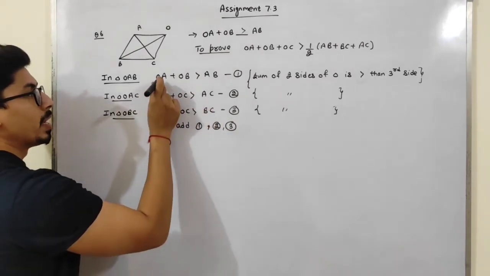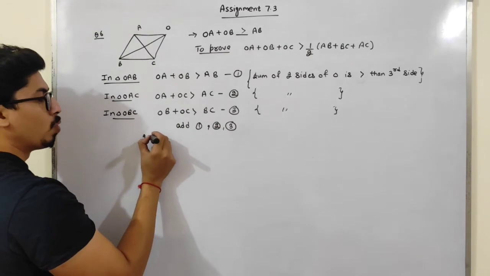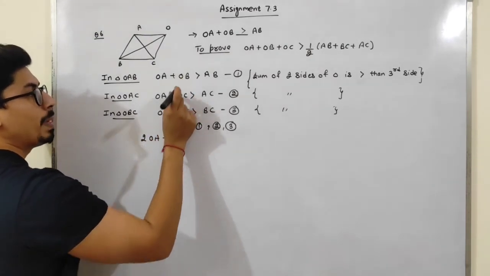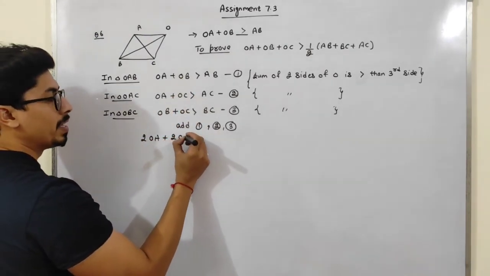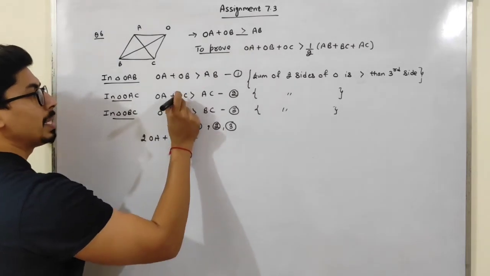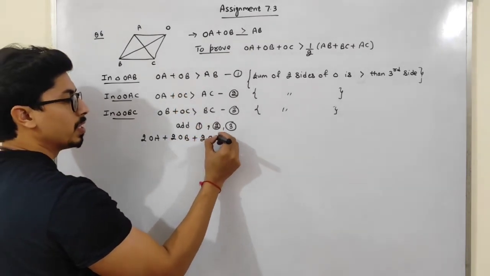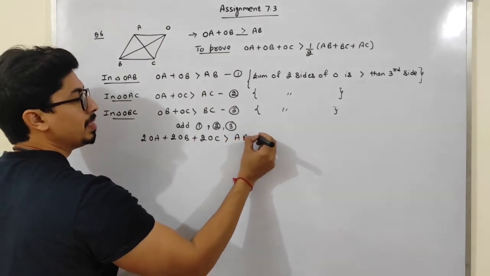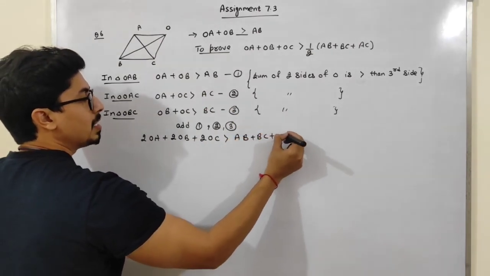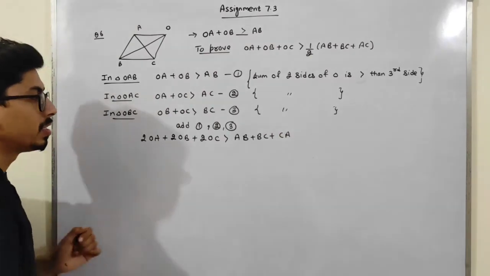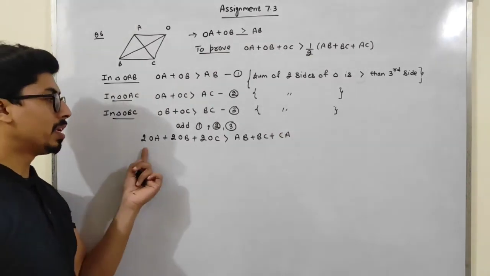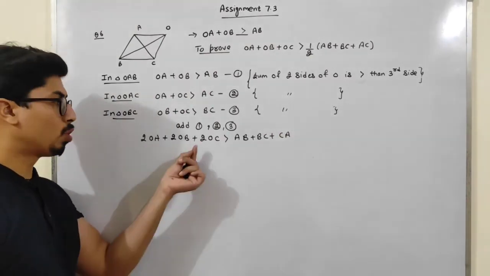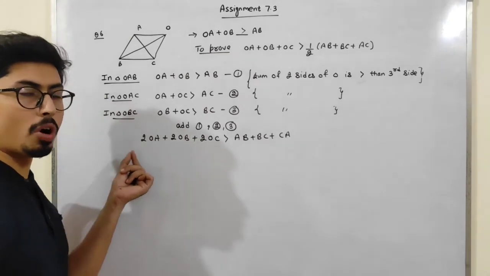So OA plus OA will be double of OA. OB plus OB will be double of OB. OC plus OC will be double of OC. On the other side, AB plus BC plus CA. Okay. See, in all three terms we can take 2 as common.